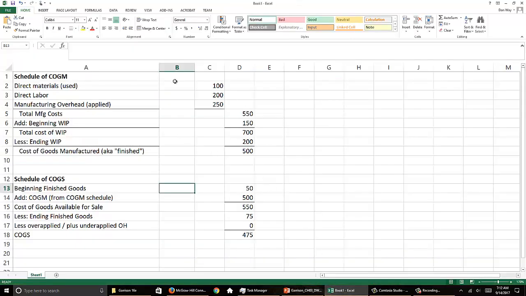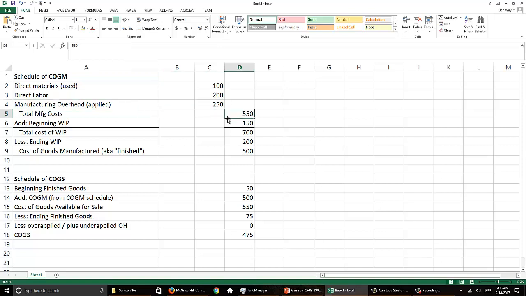And I'll pop up a quick example here of our schedule of cost of goods manufactured and our schedule of cost of goods sold, just to highlight this point again. So schedule of cost of goods manufactured, again, just focus on that very last word, the M, the manufactured. So those only include our manufacturing costs. Direct materials used, direct labor used, and then manufacturing overhead applied.